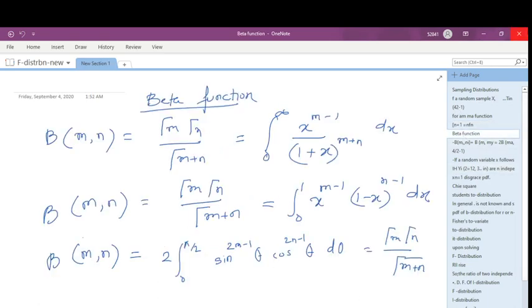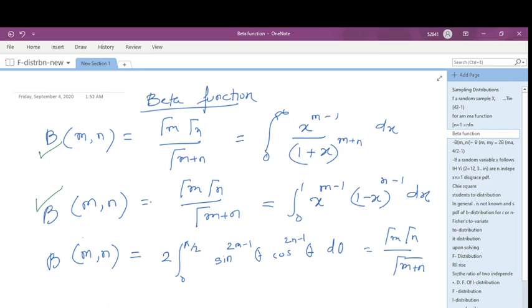So we will be using these two formulas for the derivation of the probability density functions. Beta of m, n is equal to gamma m multiplied by gamma n divided by gamma of m plus n, and this is represented as the integral from 0 to infinity of x to the power m minus 1 divided by 1 plus x to the power m plus n dx.